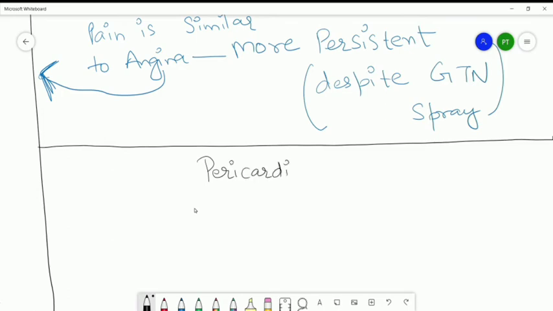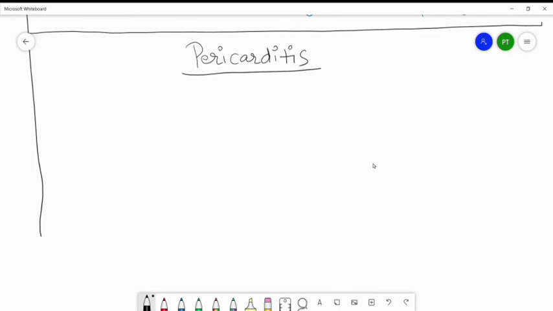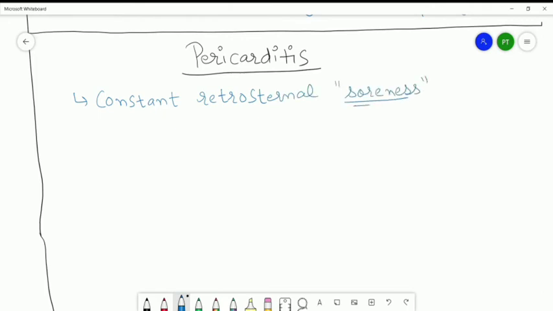Third, we have pericarditis. Okay, so let's see. Constant retrosternal soreness. Okay, there is a sensation of soreness.